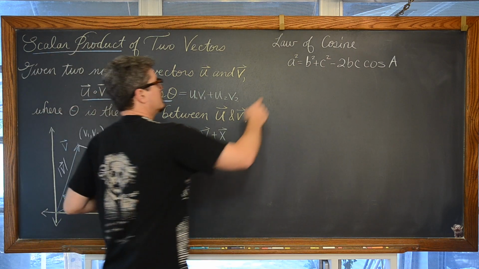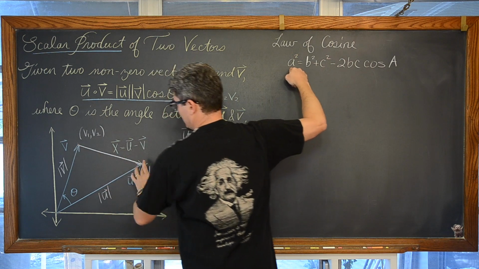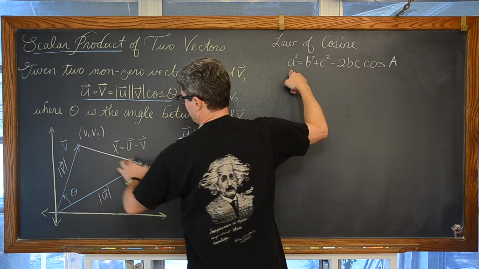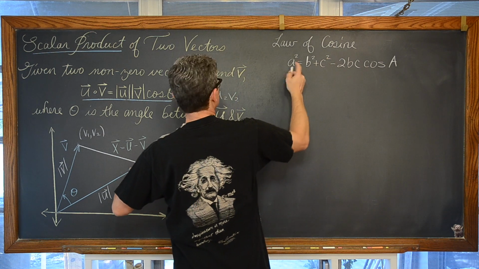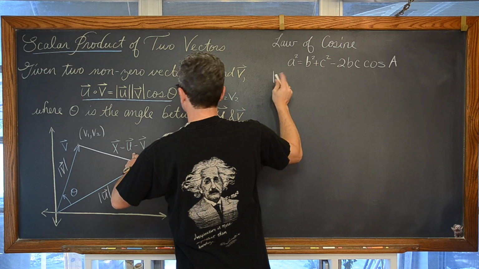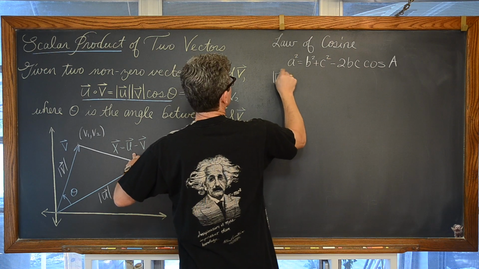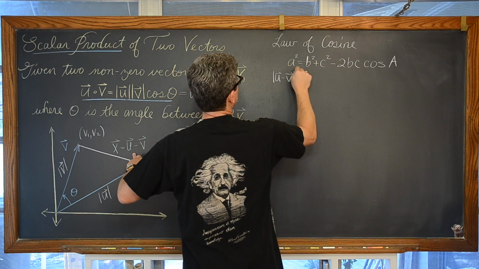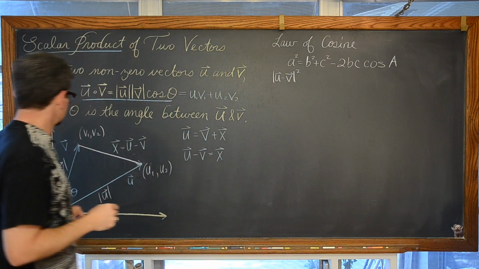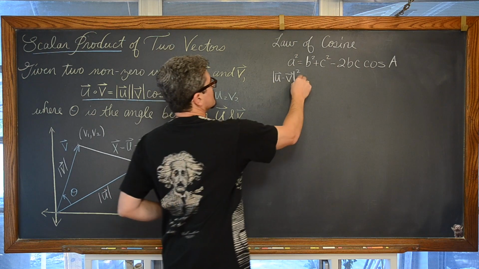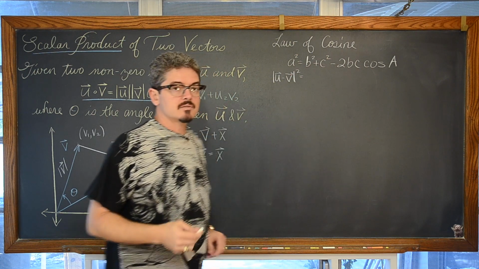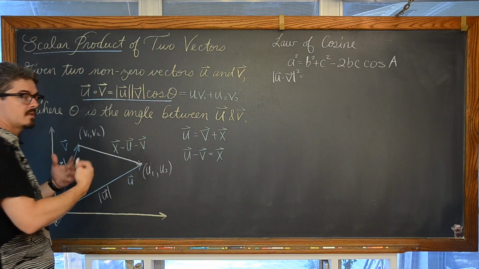So we have the length of a squared, and we're going to basically be looking at this as our side A, is equal to the magnitude of vector u minus vector v squared is equal to b squared. Okay, that's just the other two sides squared, the magnitude or the length of those two sides.